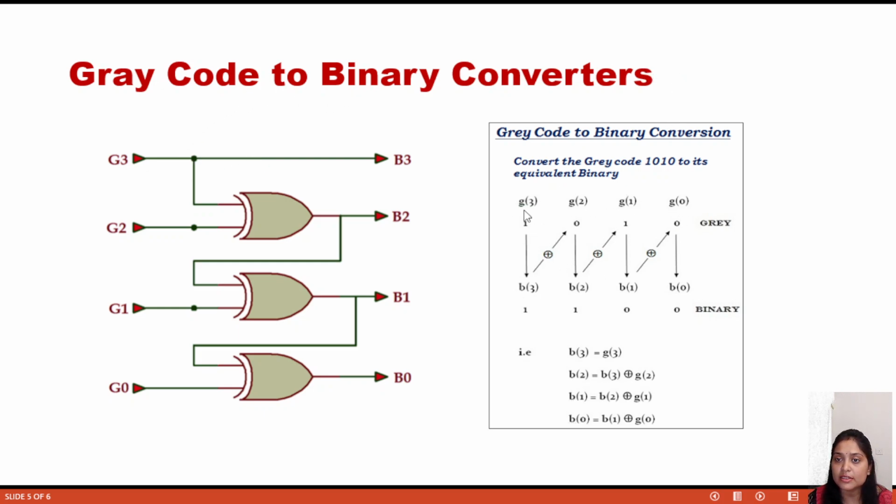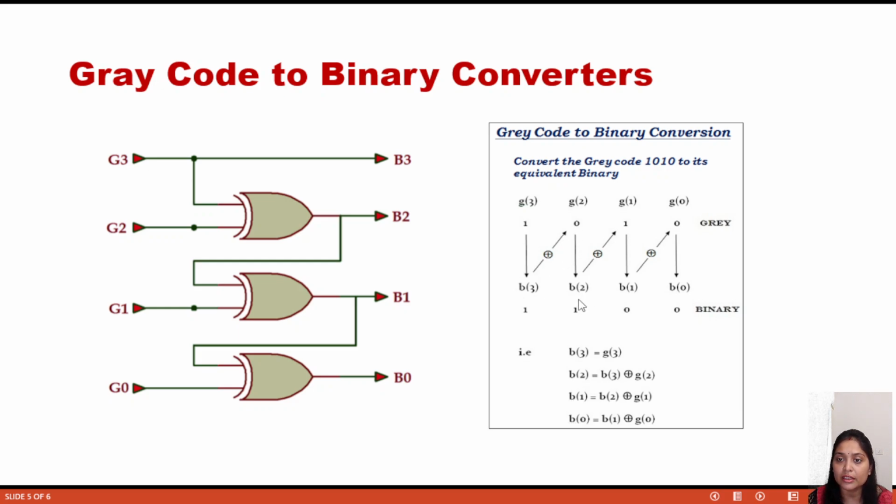Now coming to the next part, gray code to binary converter. G3 G2 G1 G0 is the gray code, and B3 B2 B1 B0 is the binary number. Here I have given an example, 1010, which is the binary number. How will we do this? First, the process is the same: whatever G3 is, you directly write for B3 also. Then to get B2 you take B3 XOR G2.